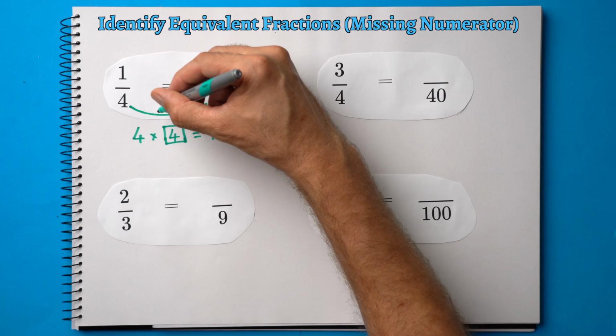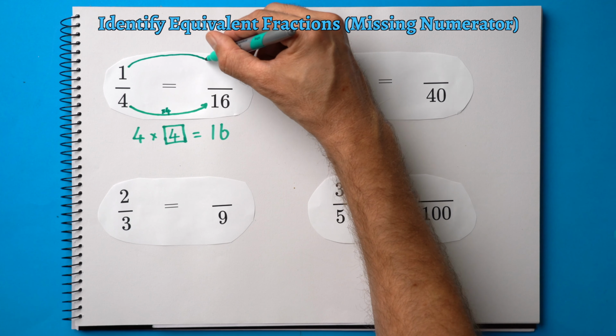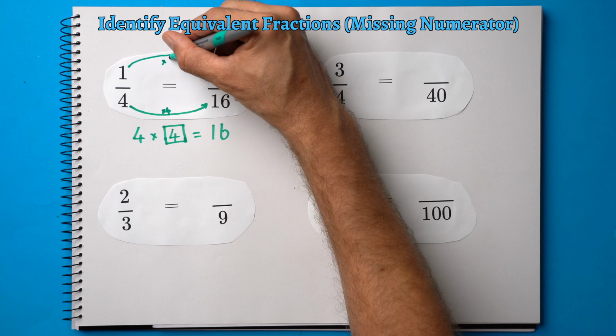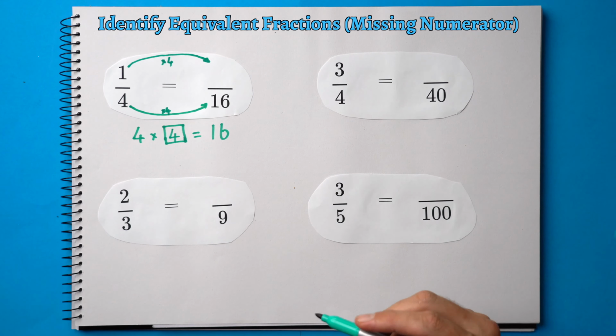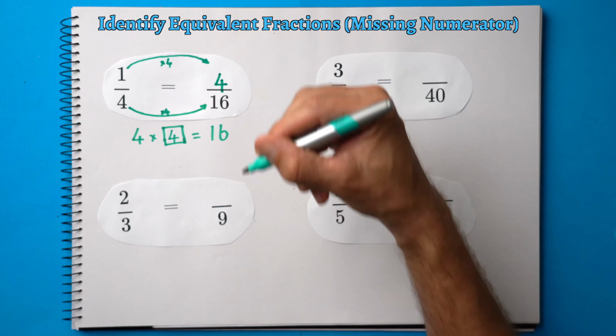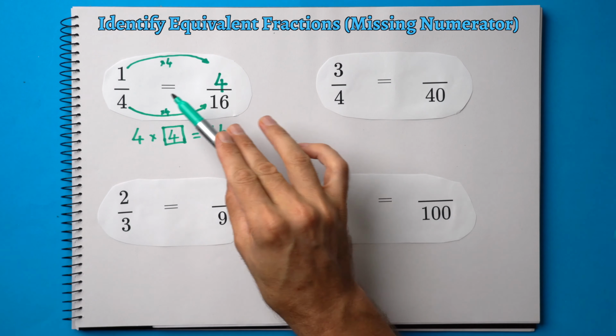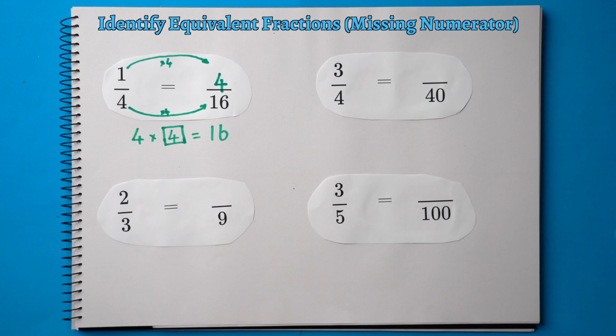So if we times the denominator by 4, we've got to do the same thing with the numerator to keep it the same. And 1 times 4 is, of course, 4. So 1/4 is the same as 4 sixteenths.